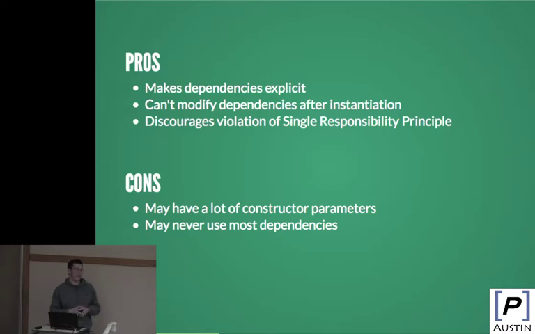Catch with that is you might end up with a whole bunch of dependencies sitting in your constructor, and your constructor has 10 parameters and it's kind of unwieldy, and maybe some of those parameters actually take a little bit of time to instantiate themselves. So there are some downsides to constructor injection, but personally, that would be the first choice for saying, okay, here's how I push my dependencies into my given object.